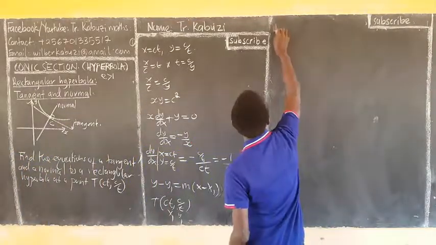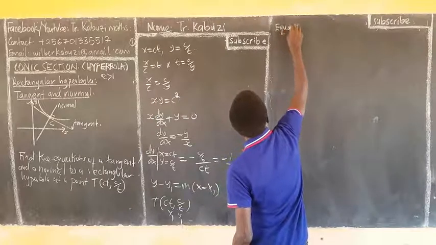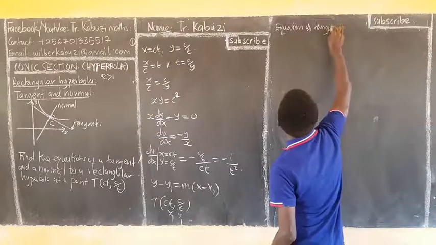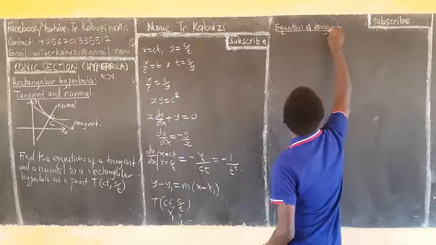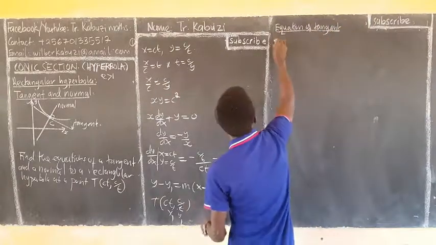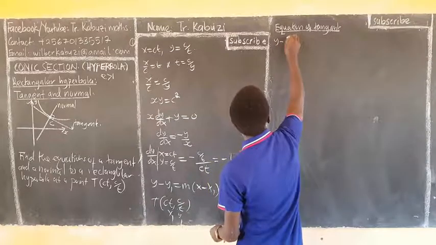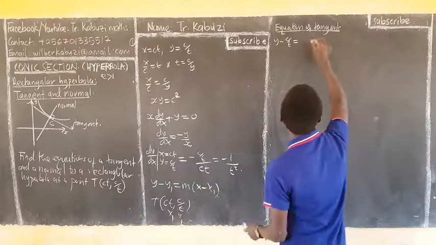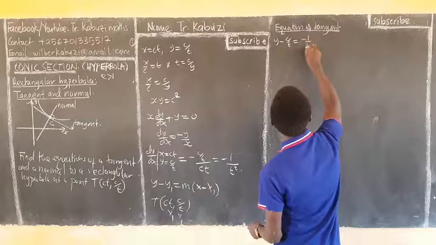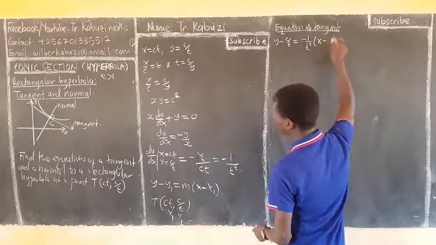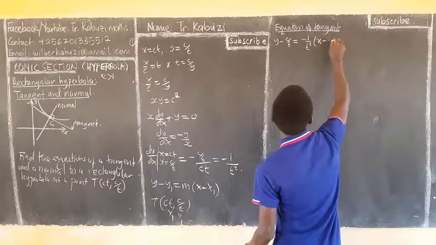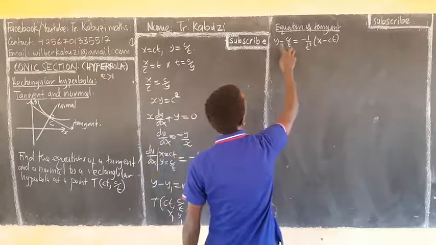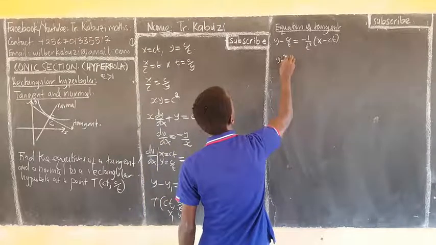Now the equation of a tangent is going to be y minus c over t, equaling to the gradient, negative 1 over t squared, into x minus ct. From there, members, I can cross multiply, this appears in yt squared.